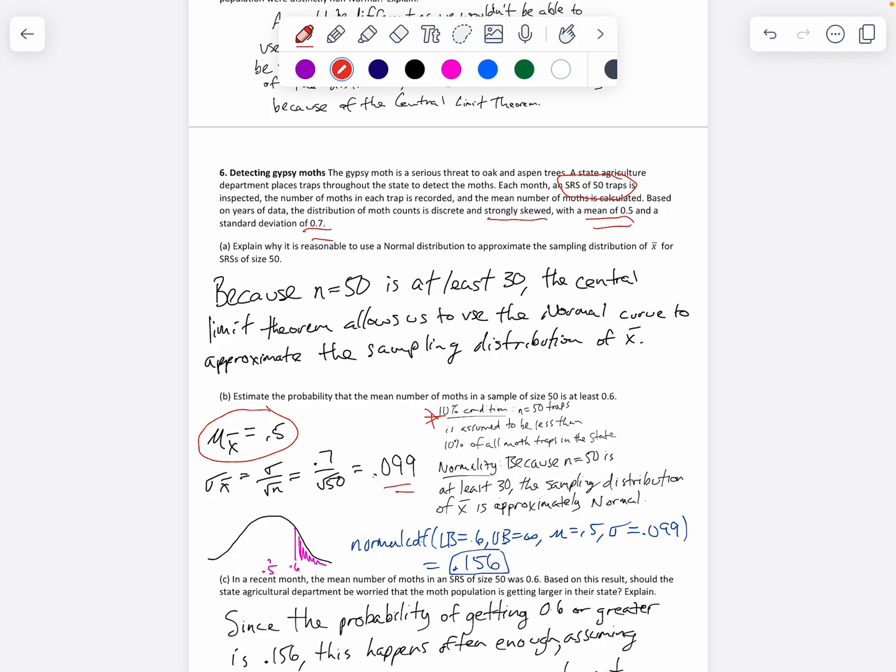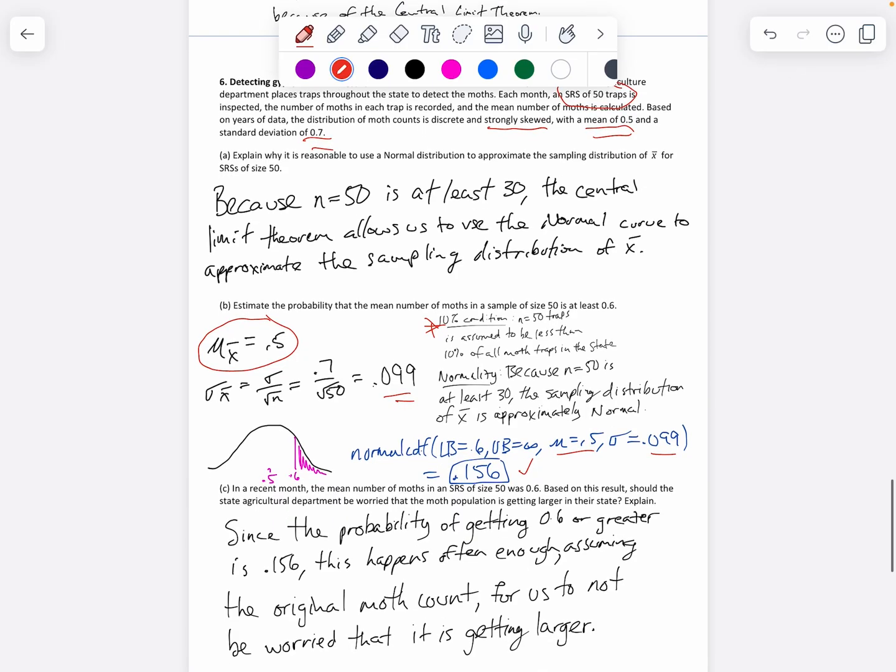Normality, we already talked about that because the sample size is at least 30. We're good. You draw your curve, you do the normal CDF, use again your new mean and standard deviation, you get your answer. So basically 15.6% chance that in this circumstance, if you take 50 traps at a time, you're going to get at least 0.6 moths per trap, given the parameters of this problem.